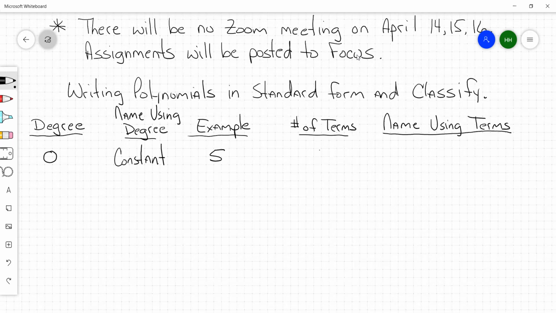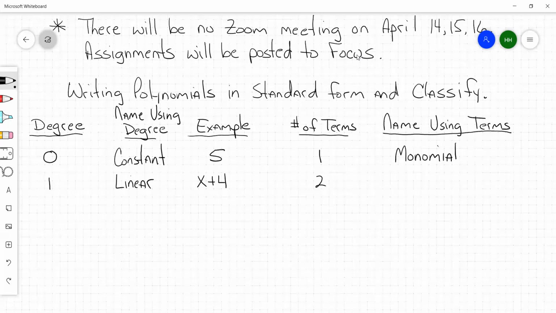It has one term, and it's called a monomial. Polynomial with a degree of 1 is linear. An example would be something like x plus 4. The number of terms would be 2, and it's called a binomial.